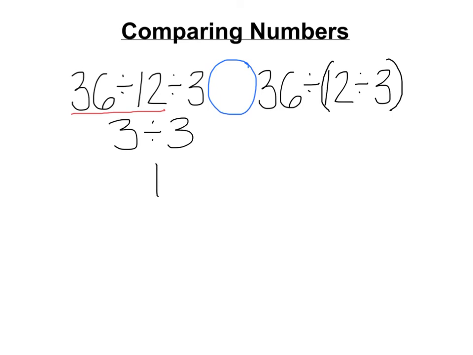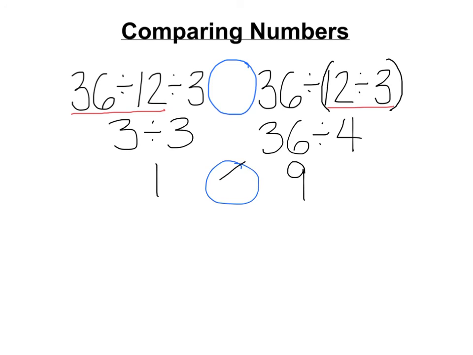On the right, the first thing I'm going to do, following the order of operations, is parentheses. So my 36 divide comes down, and 12 divided by 3 is 4. And now only one thing to do, so do it. 36 divided by 4 is 9. So now, if I compare 1 to 9, obviously 9 is greater.